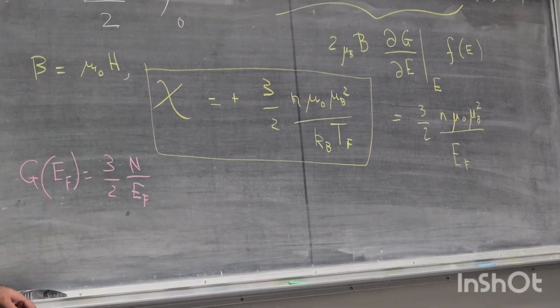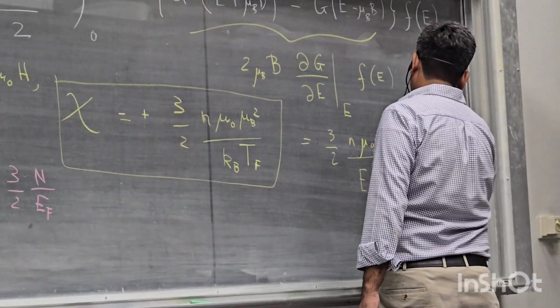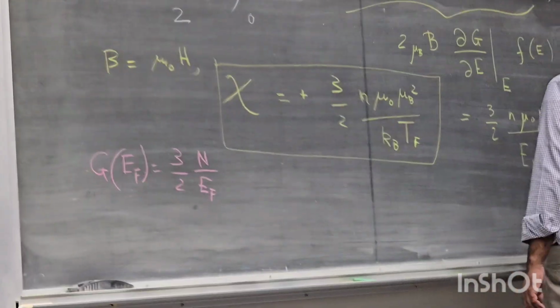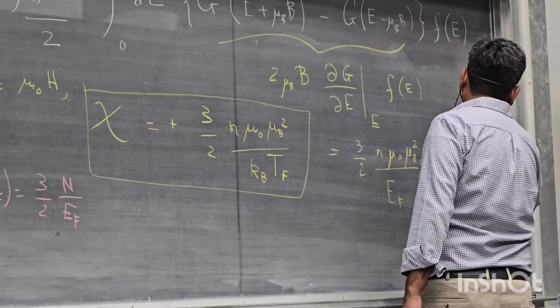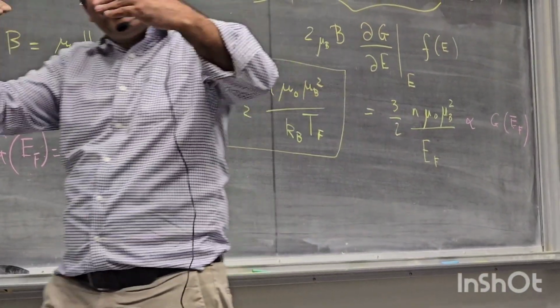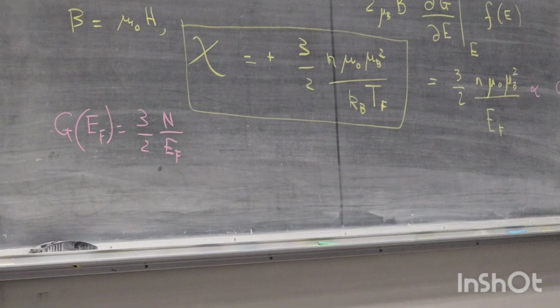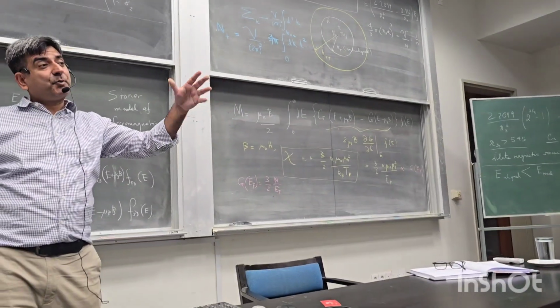Okay? So this is in fact proportional to the density of states at the Fermi energy. So the density of states at the Fermi energy really kind of determines what the magnetization of the system is. All the action is happening at the Fermi energy for these electronic, for these Pauli systems.